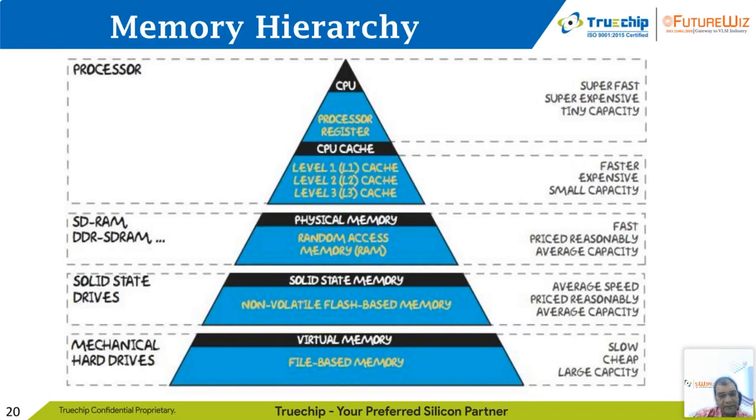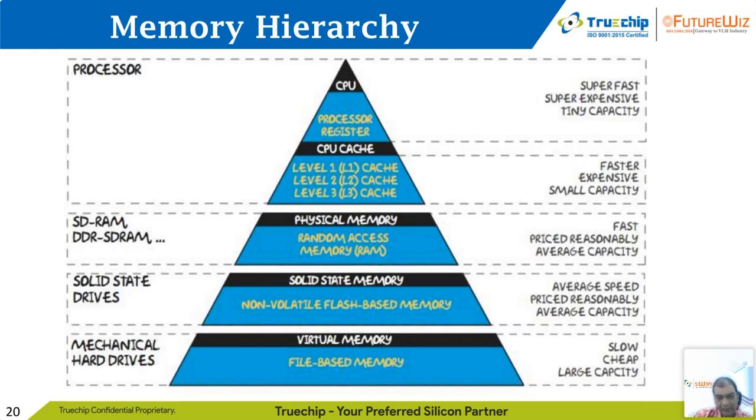The next is the CPU cache, which is also quite fast memory. Again, we saw L1, L2, and L3 kinds of cache. Then beyond that is the physical memory. In the physical memory, we have random access memory, which is the RAM. It can be static RAM, it can be DRAM. Typically, based on the cost, it is SDRAM, which is synchronous dynamic RAM, or you can have a DDR RAM.